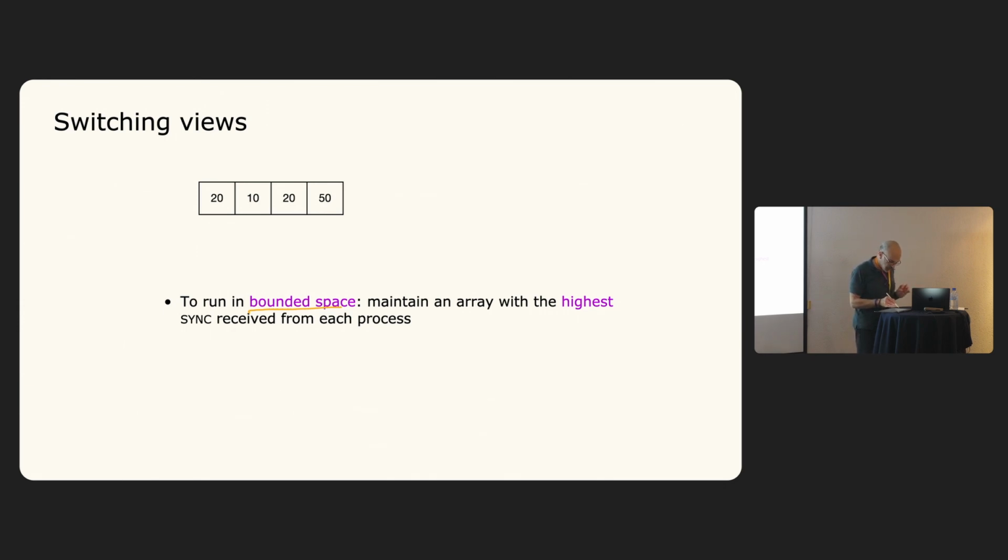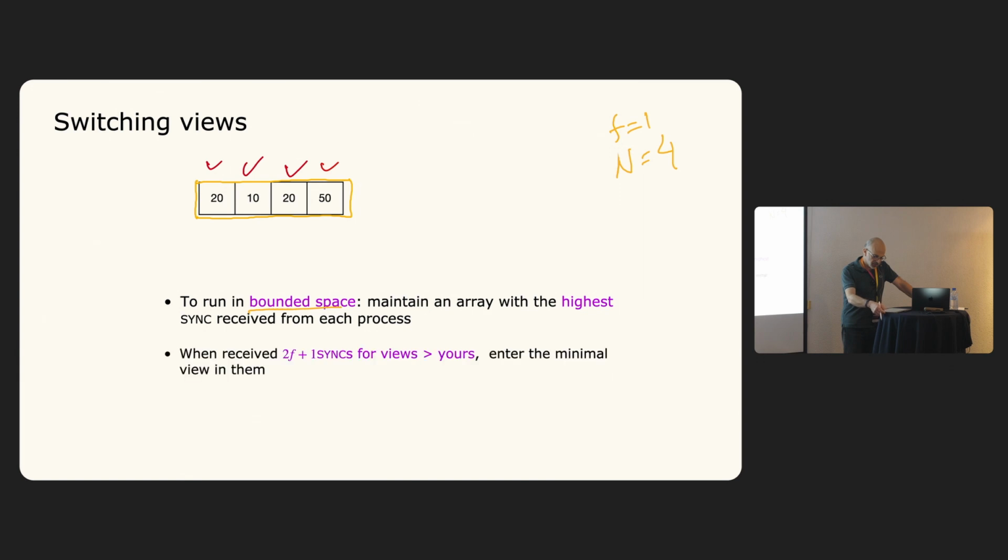For each process, say in this example we use f equal to 1, and then n is equal to 3f plus 1, which is 4. I have an array of 4 entries, and what I remember in each entry is the maximum view that this process sent a sync message for. This is my main data structure.